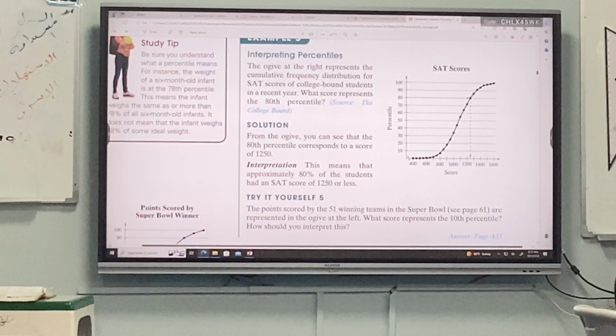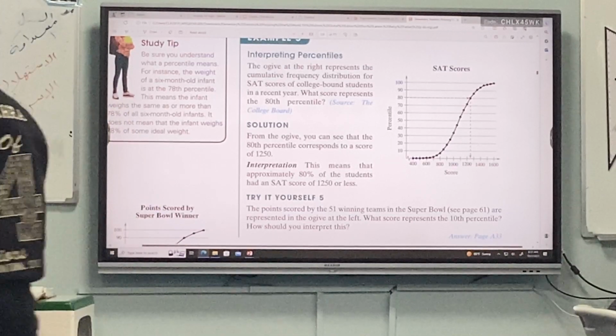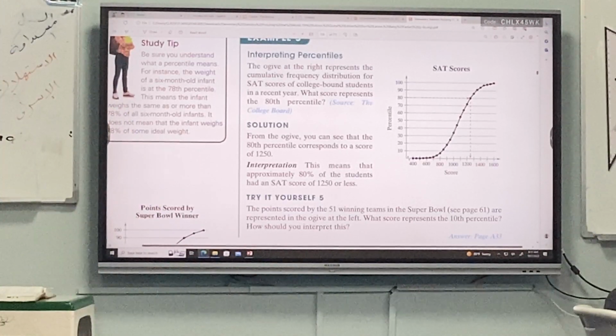Now, what you do is collect all the data, gather all the data, and then do that. I cannot write all the values unless you have all the data. Once you collect all the data, return to the previous example.